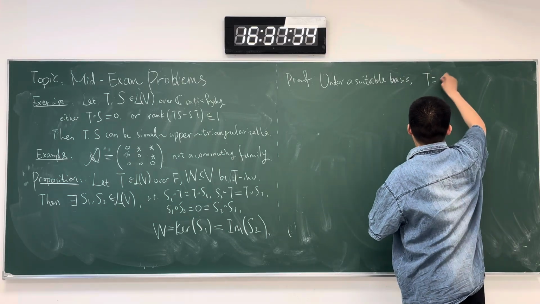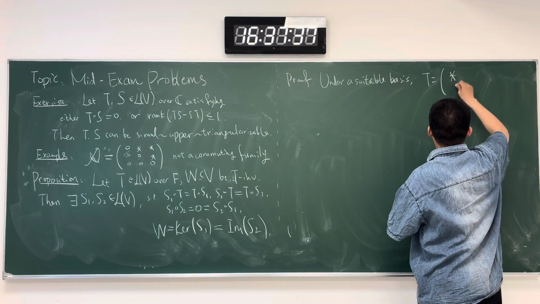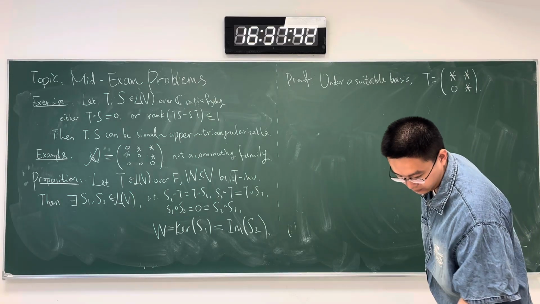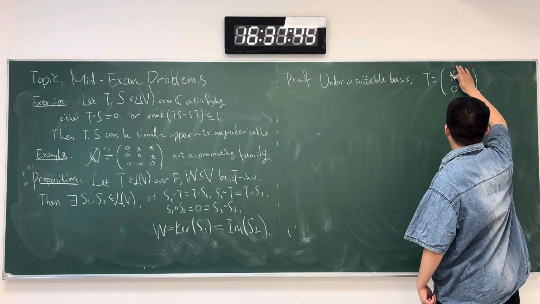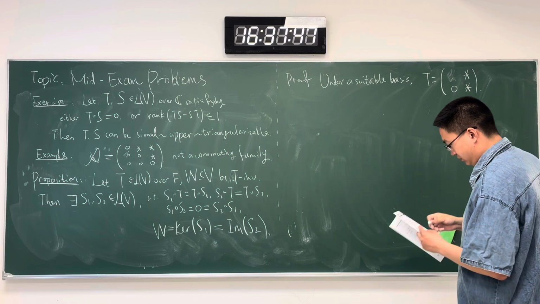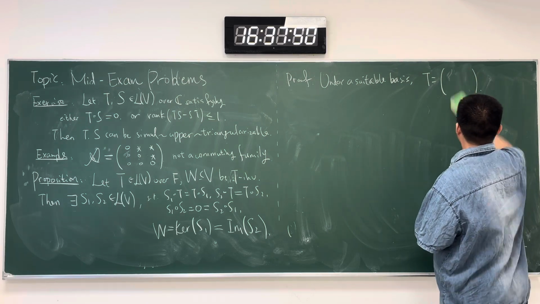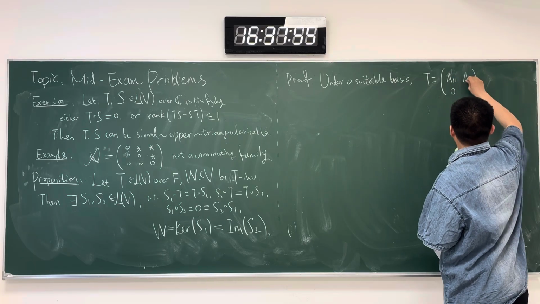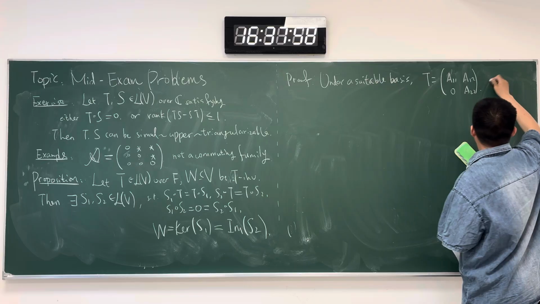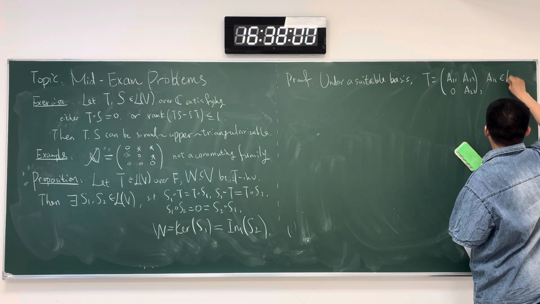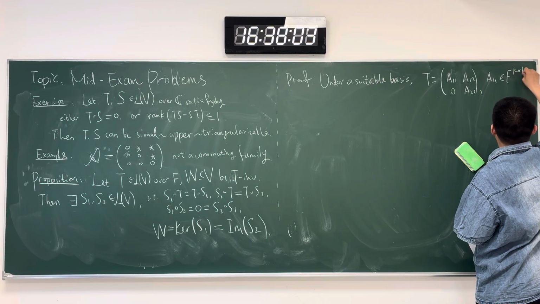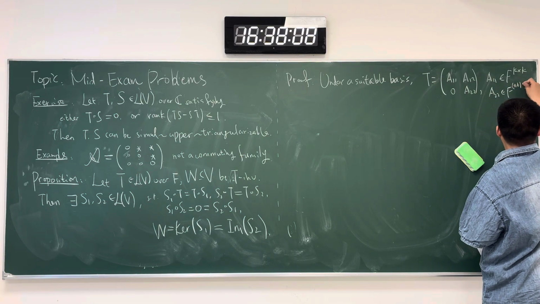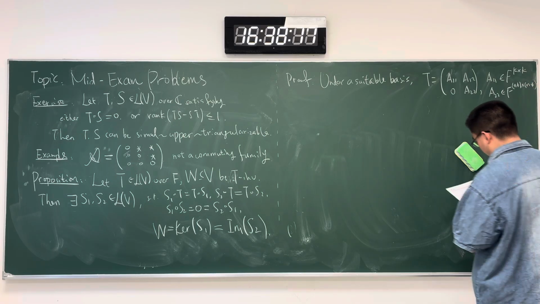Say T is represented by, and here we want to write it explicitly, A11 in the left upper corner, A12, A22, where A11 is a K by K matrix, and A22 is an (N minus K) by (N minus K) matrix.